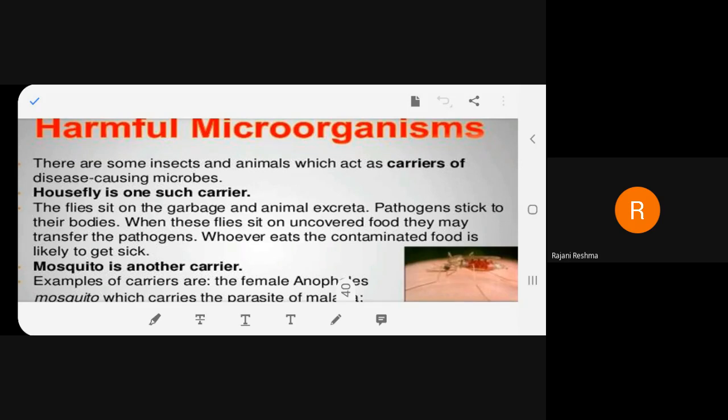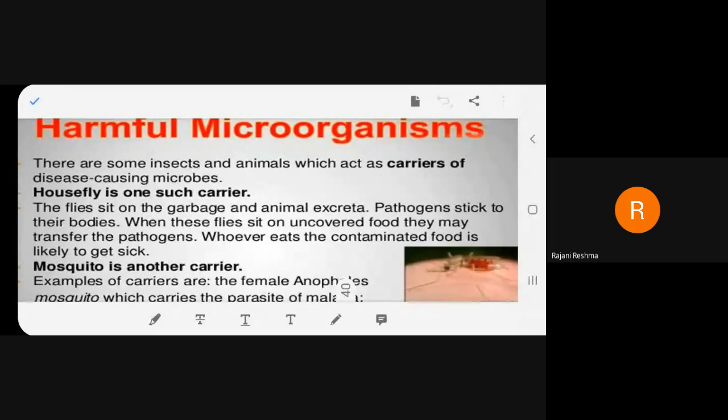There are some insects and animals which act as carriers of disease-causing microbes. Sakina, you heard what I said? Do you agree with whatever I said just now? Yes, ma'am.